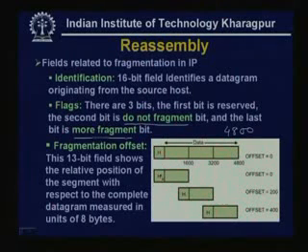As you can see, each will have a header. The data is divided into 0 to 1599, then 1600 to 3199, and 3200 to 4799.